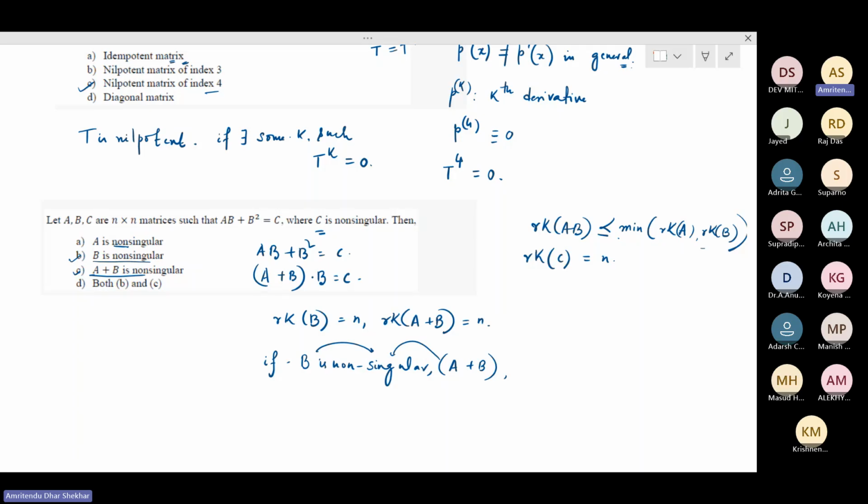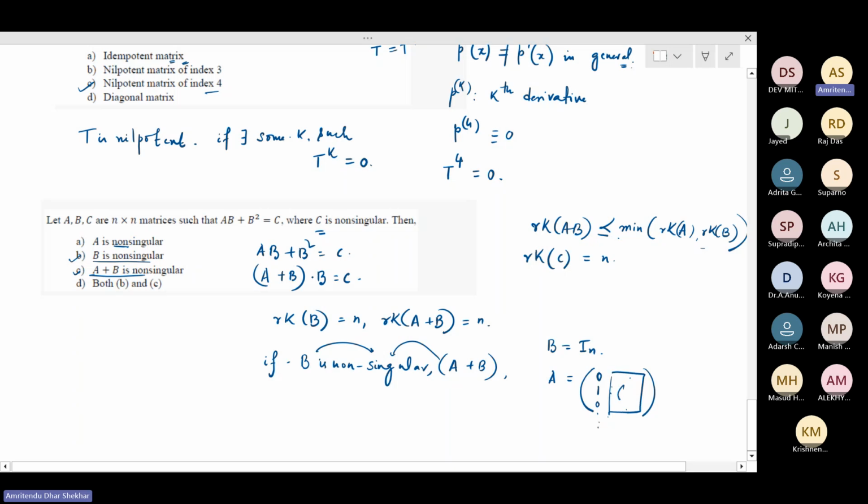An example could be something like this. You could take B to be the identity matrix, and you could take A to be a matrix of this form: 0, 1, this, and everything else is just 0.